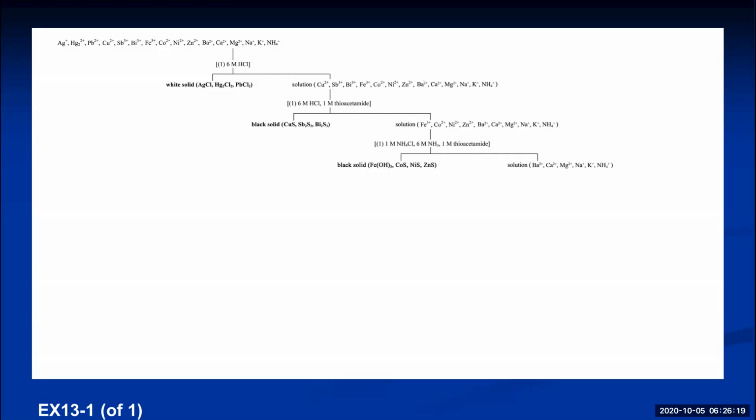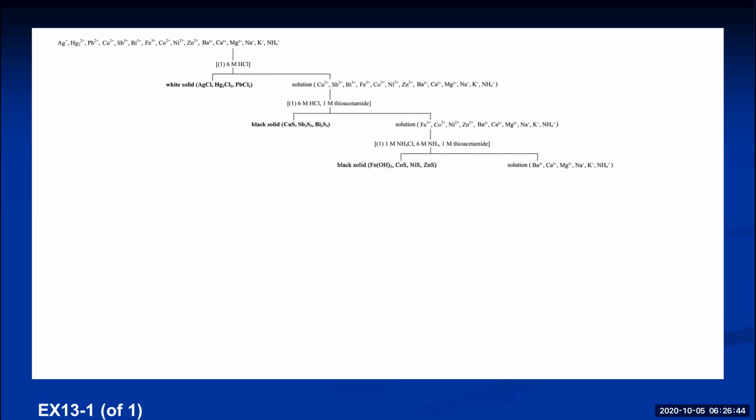In the qualitative analysis scheme, the first thing that's separated is always the insoluble chlorides, silver, mercury 1, and lead 2. Because if they're not separated first, and you go to group 2 and add hydrochloric acid and thioacetamide, the precipitate you would get would be the copper, the antimony, the bismuth, and silver, mercury 1, and lead 2. So the order is important here.